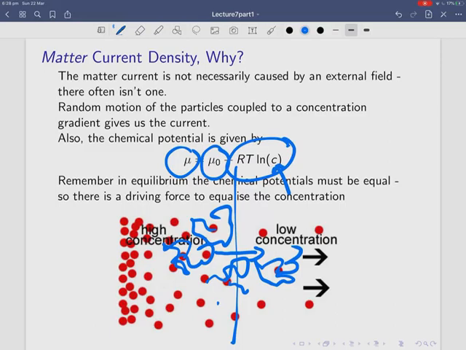So this means that if you have any gradients in the concentration here, you will immediately have a driving force that will give you a current. So another way of thinking about this is in terms of chemical potentials. The chemical potentials must be equal, so the driving force is to equalize the concentration.